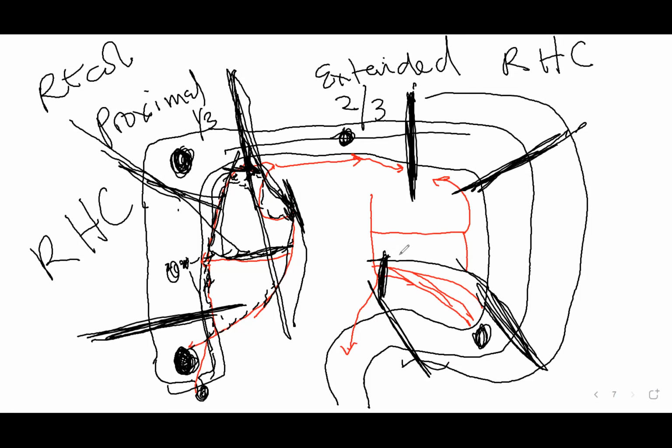So you have to take only the sigmoid along with its branches at the point of ligation. The surgery for the rectum is completely different. We'll talk about that.